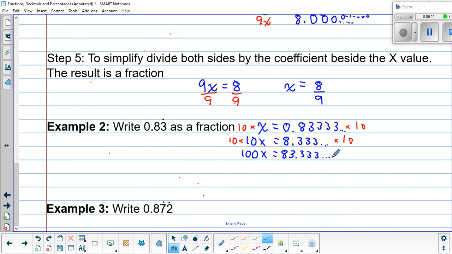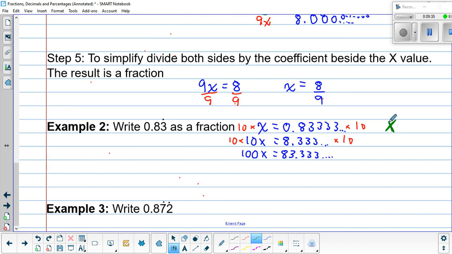So now, not only do we have the original x as 0.83 recurring, we have this next one, 10x is 8.3 recurring, and then we have this 100x is 83.3 recurring. So we can compare any of the equations. We do not have to use this first one right here. We do not have to always use that, and I'm not going to.